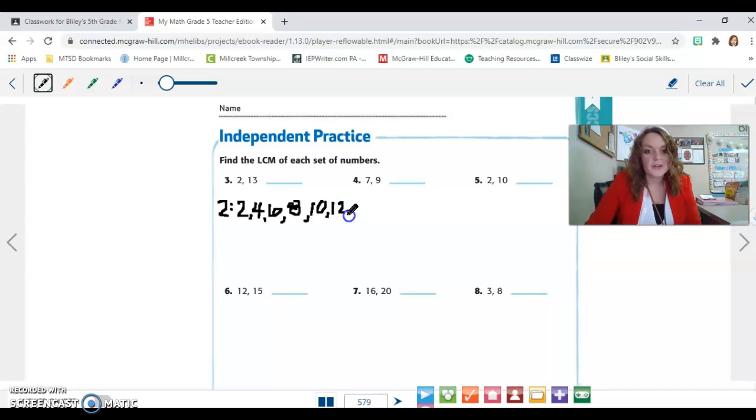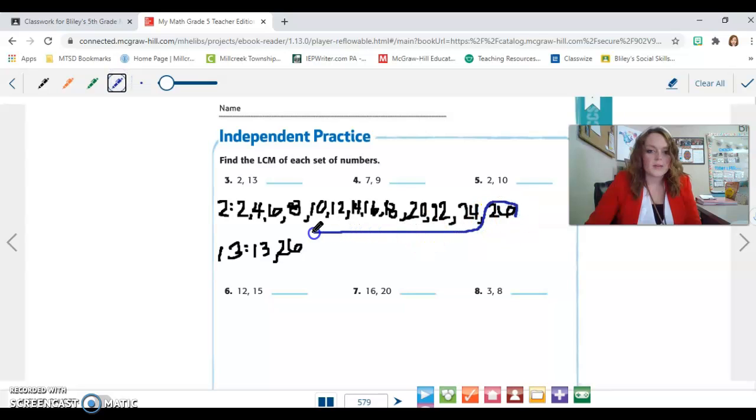It's going to be a long one. 14, 16, 18, 20, 22, 24, 26. Now for 13, I have 13. 13 times 2 is 26. Do you see a similar number? 26 and 26 is my least common multiple of 2 and 13. So my answer for 3 is 26.